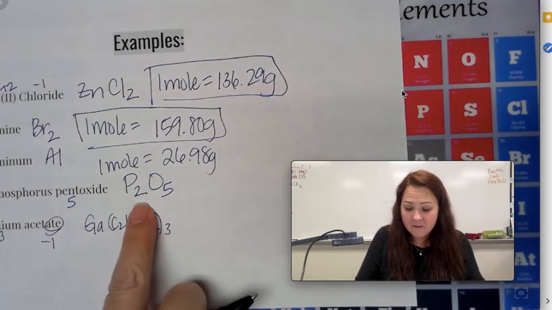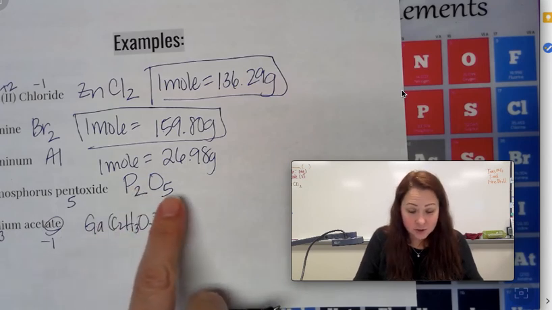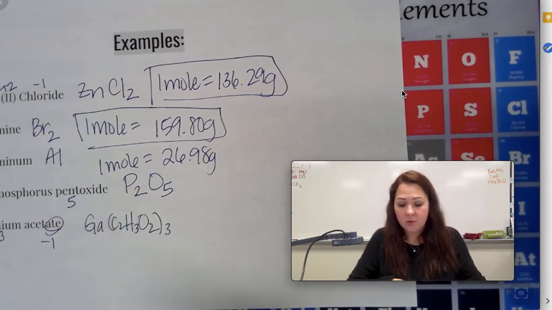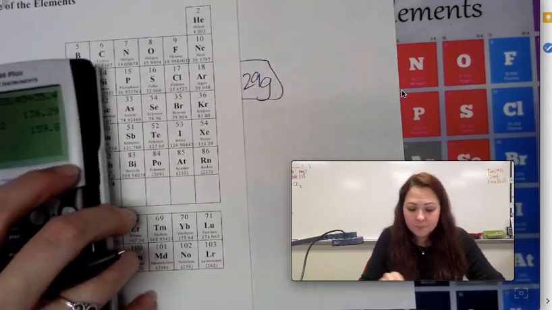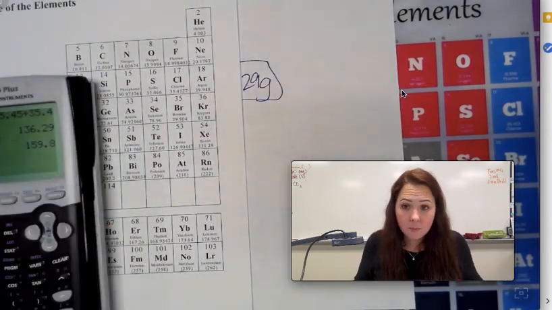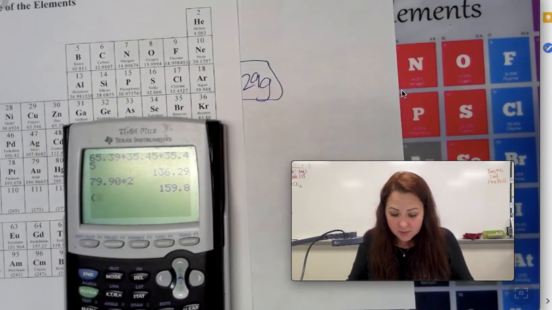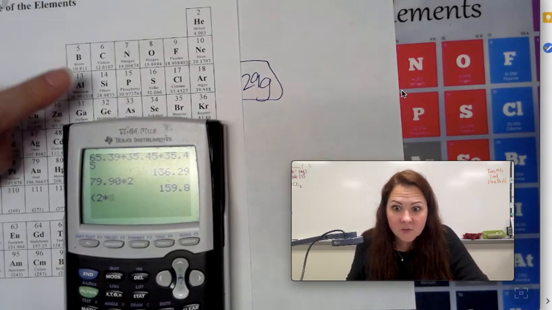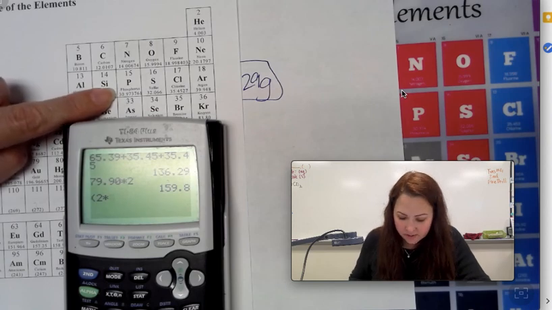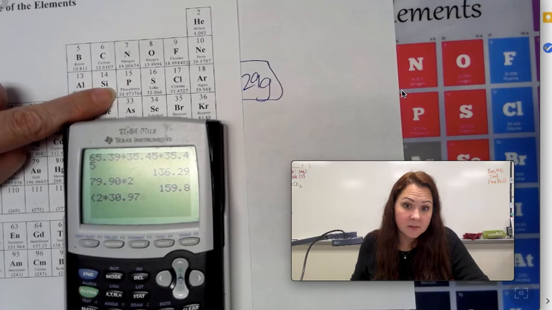Now my diphosphorus pentoxide, you have 2 phosphorus, 5 oxygen. This is where parentheses come in really handy. It makes your life a little bit easier. So what I do is I open parentheses. Let me move this over just a little bit, sorry. 2 times 30.97, because it's diphosphorus, 2 phosphorus, close my parentheses.